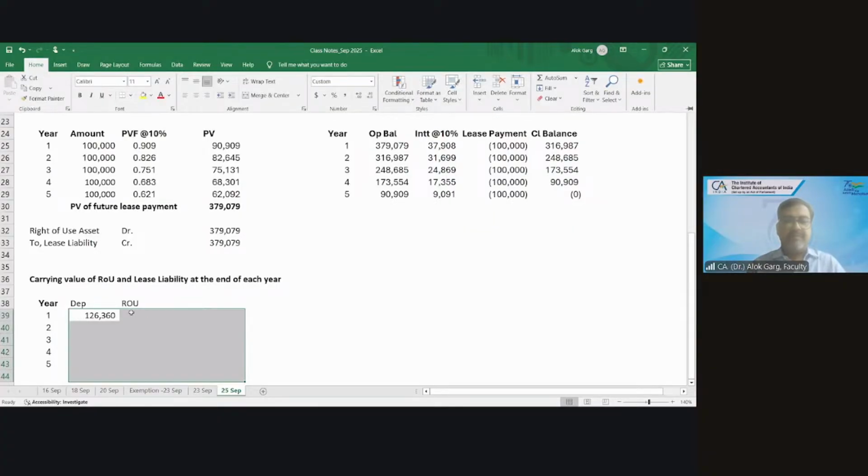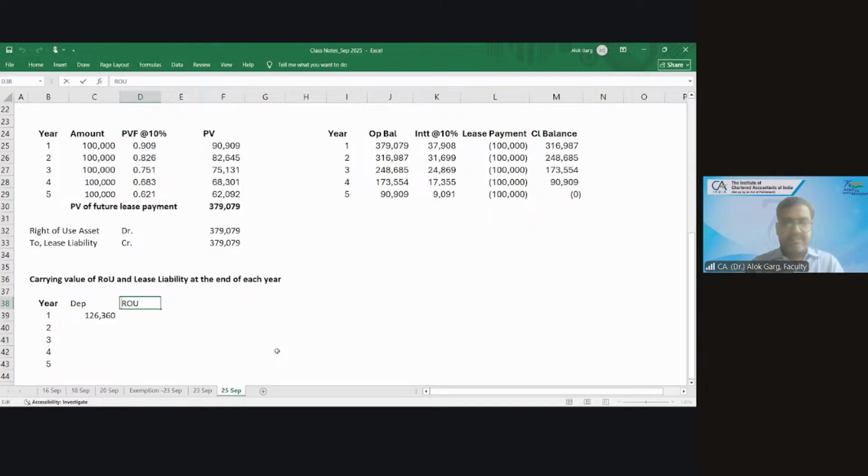So my each year depreciation is this, and this is my carrying value of ROU. My first year carrying value is this minus this. What is my second year depreciation? What is my third year depreciation? So my second year ROU carrying value is this. Third year ROU carrying value is this.